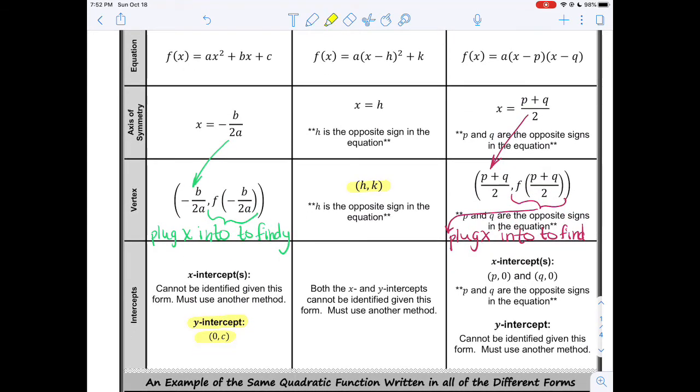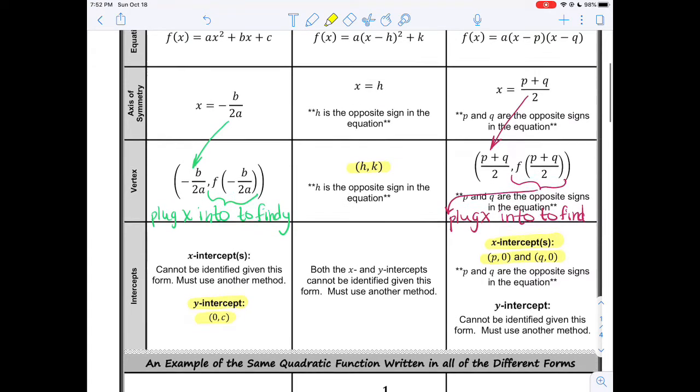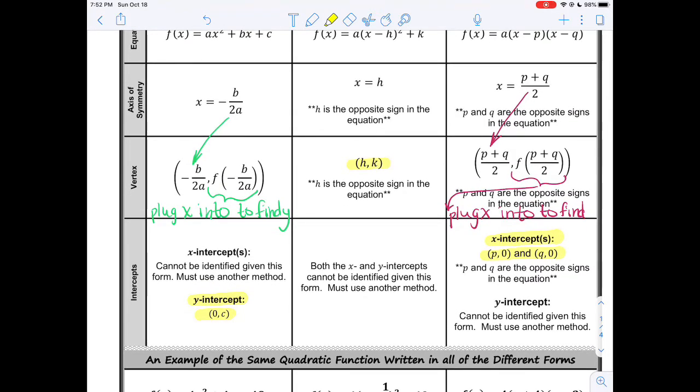This is called intercept form because it's very easy to read the x-intercepts off of this form, or the places where it crosses the x-axis. Those values are at p, 0 and at q, 0. Again, remembering that there's a negative built into the equation, so the sign that you see is the opposite of what the actual value is. Y-intercept, not easy to find. We would need to use a different method, such as the standard form of the equation.